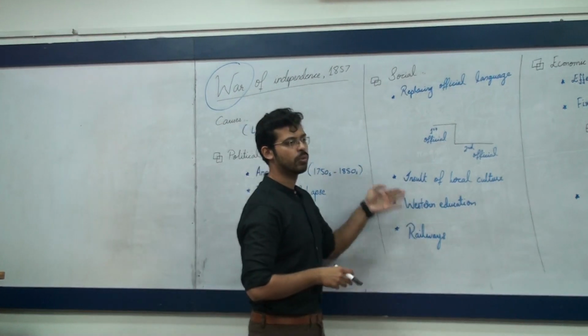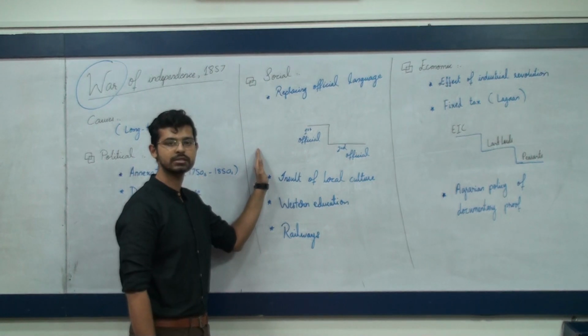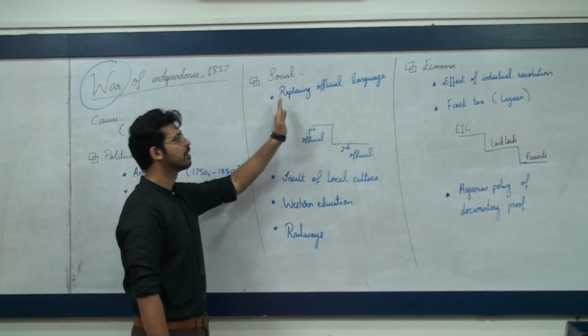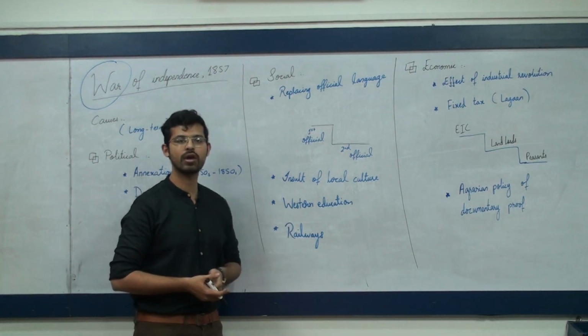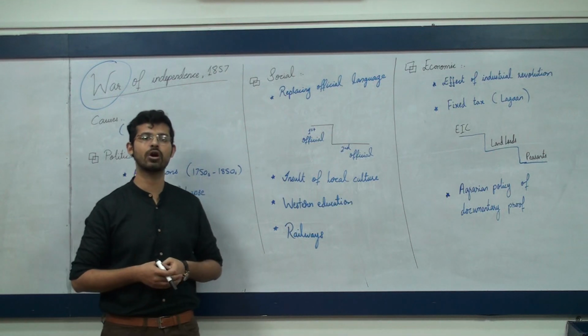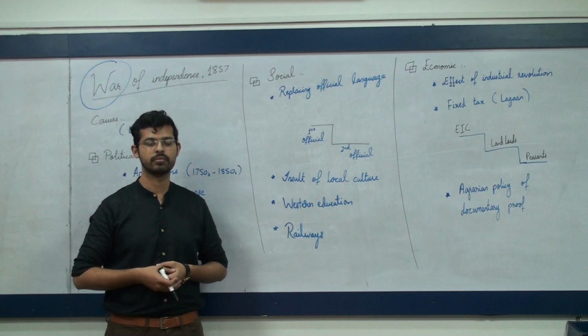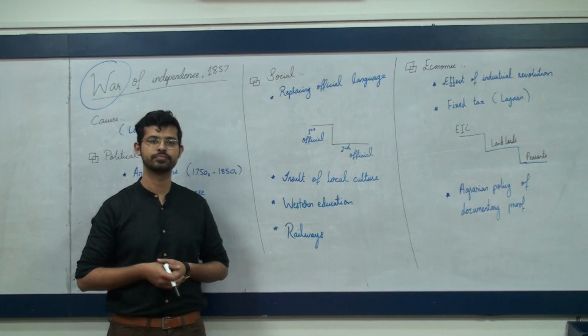Moving onwards, we have some of the social reasons behind the War of Independence 1857, starting with the language issue. During the time of the Mughal Empire, the official language of the administration used to be Persian. And then after a while, Urdu became the official language of the administration.